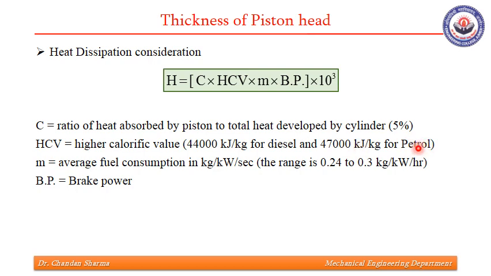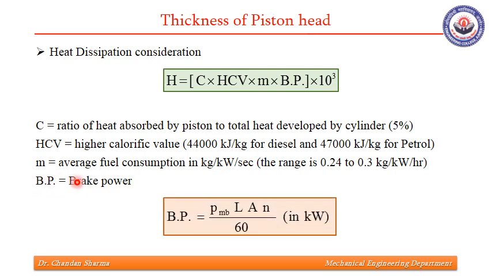We can use this value if not given. Then M is average fuel consumption in kilogram per kilowatt per second. The average value is 0.24 to 0.3 kilogram per kilowatt per hour. But we need to put over here in the formula in the units kilogram per kilowatt per second, and BP is brake power in kilowatt.